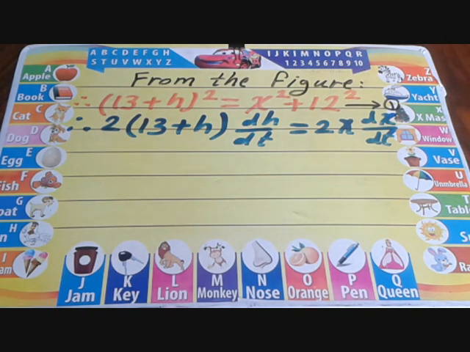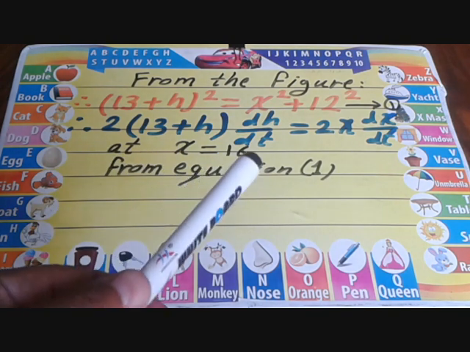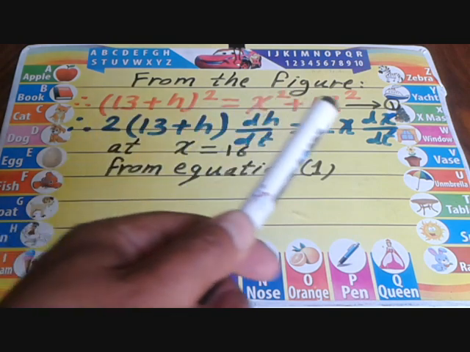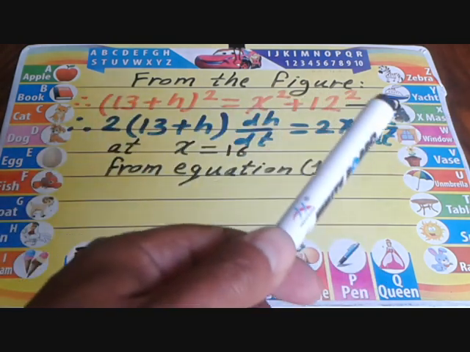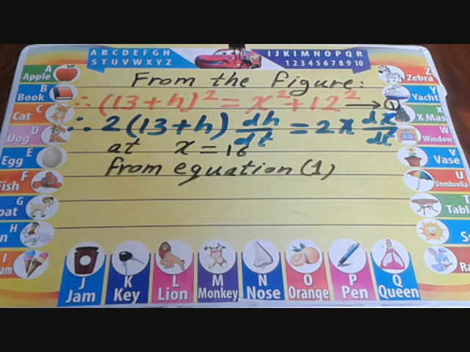At x equals 16, from equation 1, what will we have?